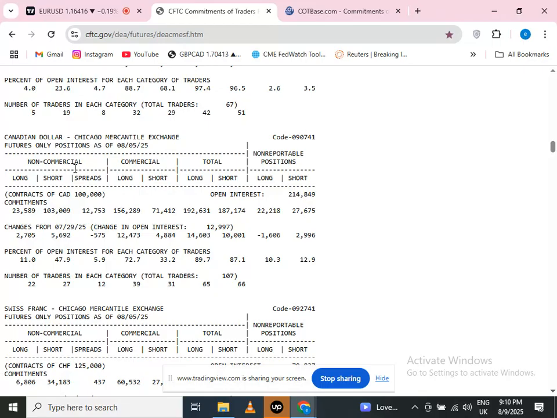Okay, what's the meaning of non-commercial? Non-commercial are the large speculators. By large speculators, I mean the big banks, the big FX institutions. This is what I mean by non-commercial. The commercial are normal companies. Companies normally use this transaction if they need to make payments.